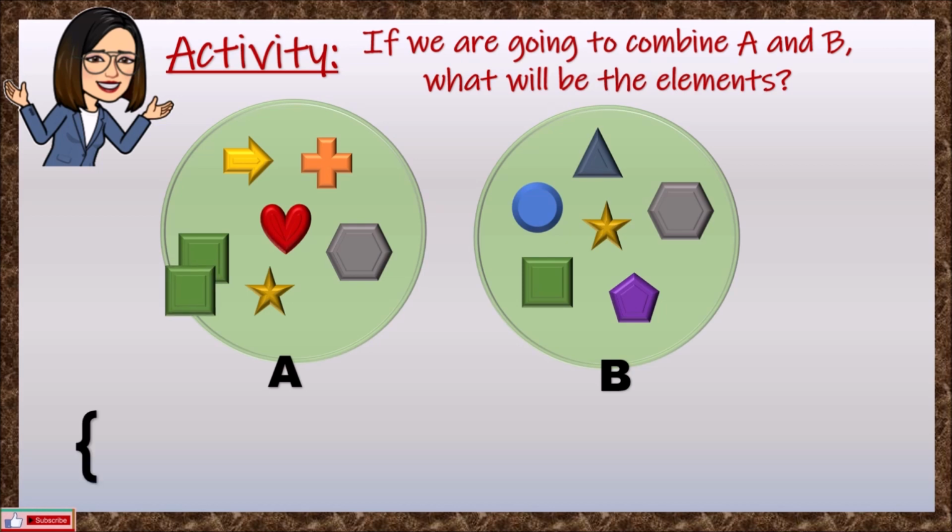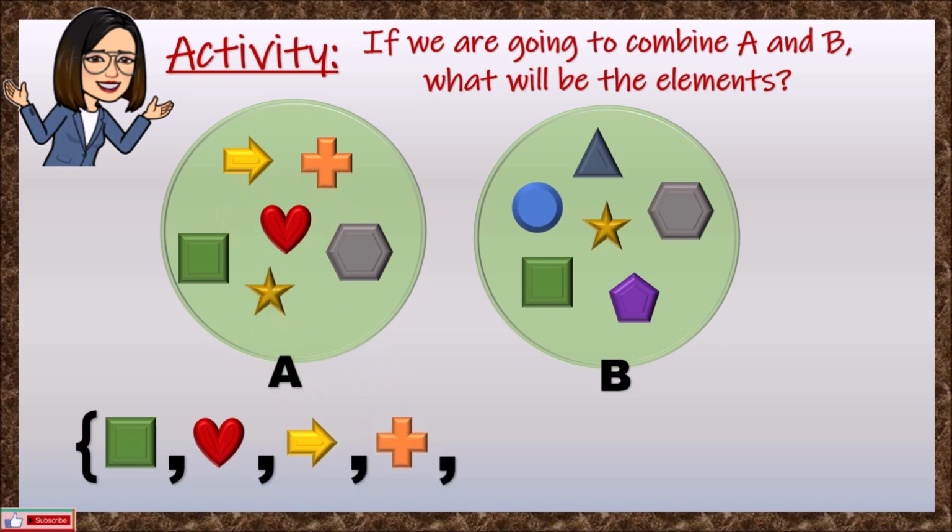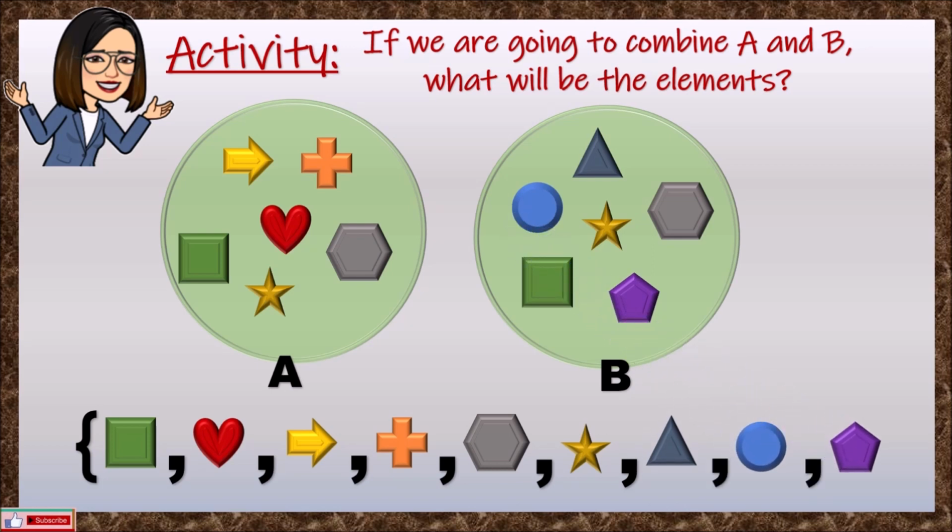Right, we will have the square, heart, arrow, cross, hexagon, star, triangle, circle, and pentagon. As you can see, the square, star, and hexagon that are in set B we did not list again, because in a set, each element should be listed only once.